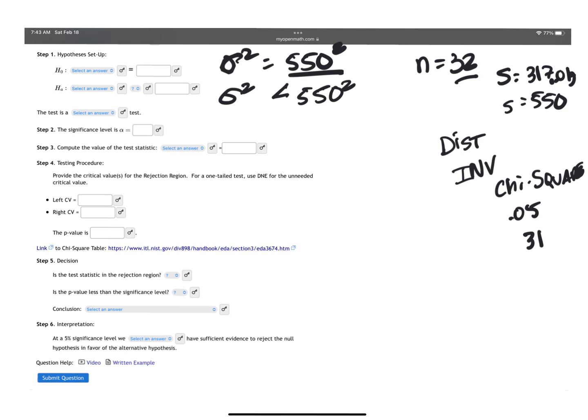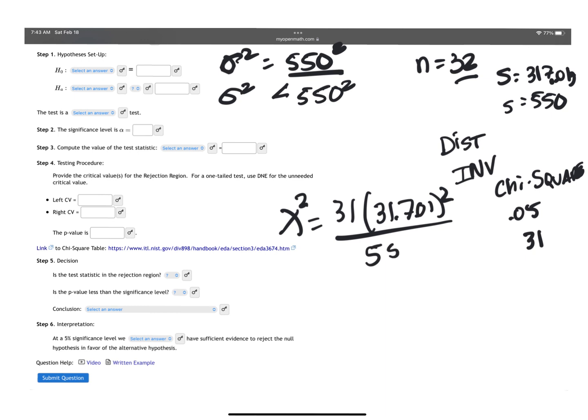And then to calculate the p-value, you're going to find your test statistic. Your test statistic is 31 times 31.701 squared over 550 squared. And that test statistic is going to end up being 10.299.